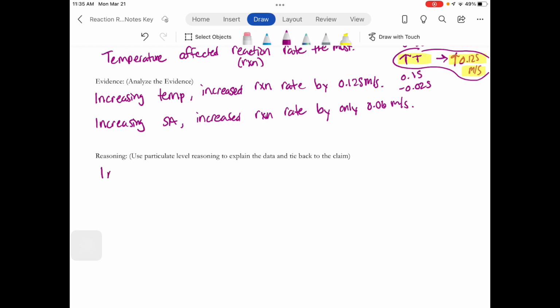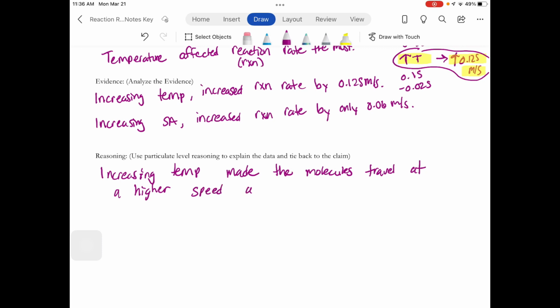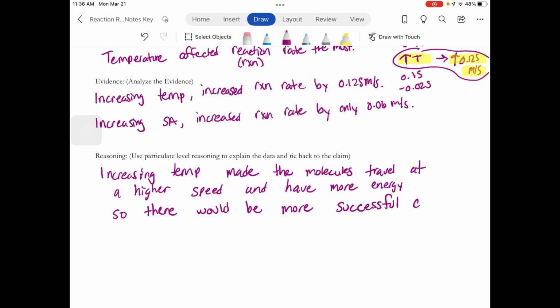So increasing the temp made the molecules travel at a higher speed and have more energy, so there would be more successful collisions.